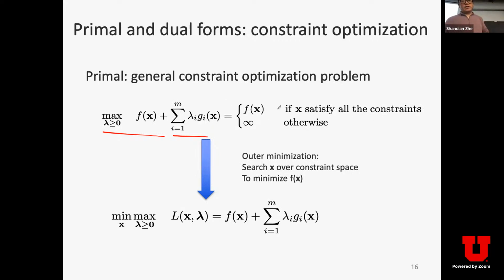When x satisfies the constraint, it will just return the original objective f of x. When x doesn't satisfy all the constraints, it will just give you infinity. Then you do one outer-level minimization over x. The final result will be minimizing f(x) where x satisfies all the constraints, because your value won't be infinite.